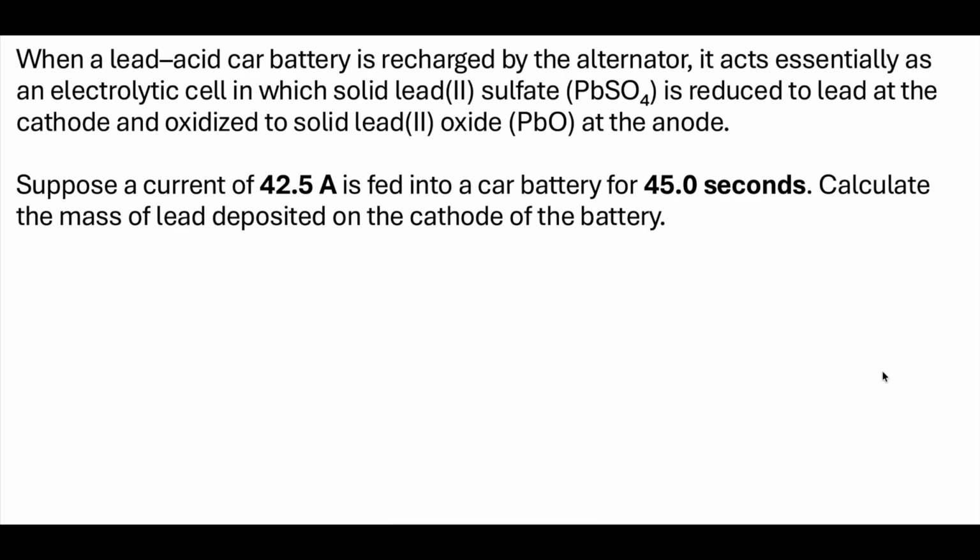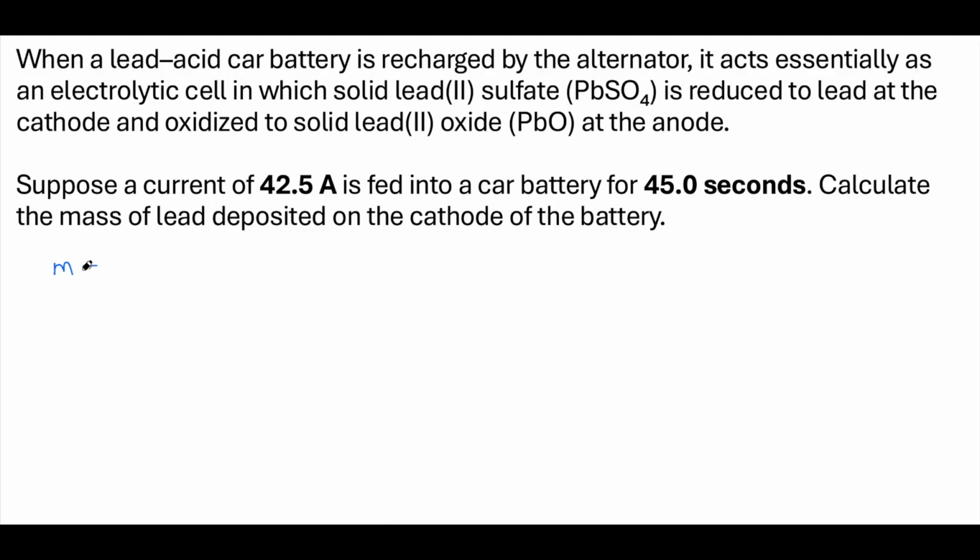So if you're given electrolysis problems and you're being asked for the mass of a certain metal deposited on the cathode, there's just one formula that you're going to use for this, and I hope you memorize this formula.